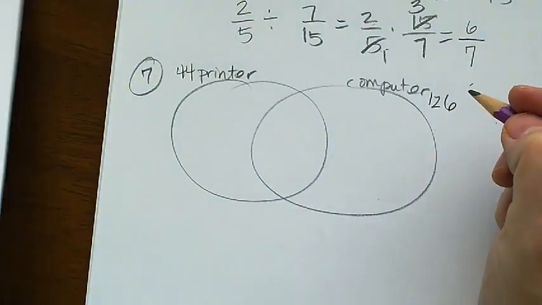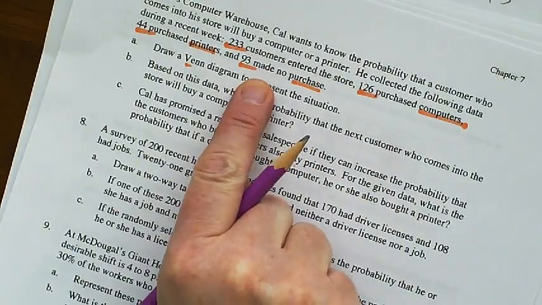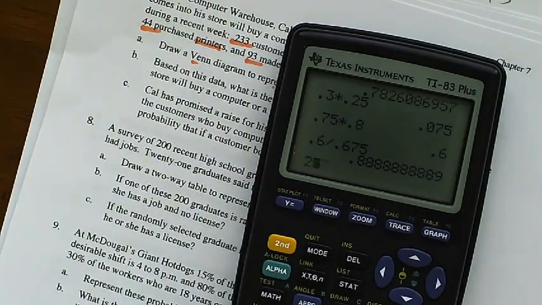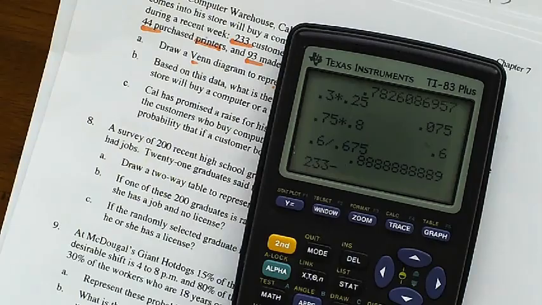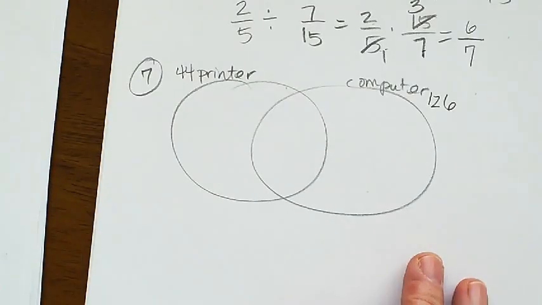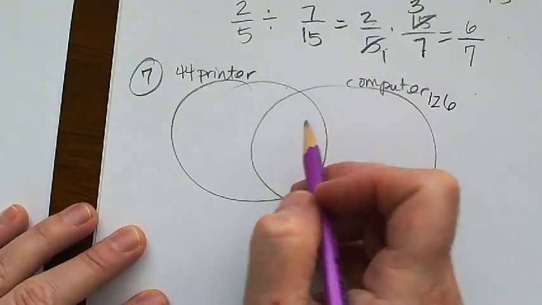Okay, and then 93 didn't make a purchase out of 233. So let's see how many made a purchase. 233 minus 93 is 140. So 140 people bought something.